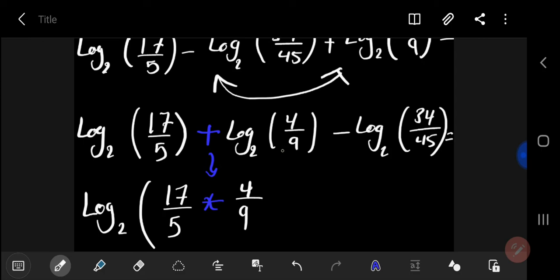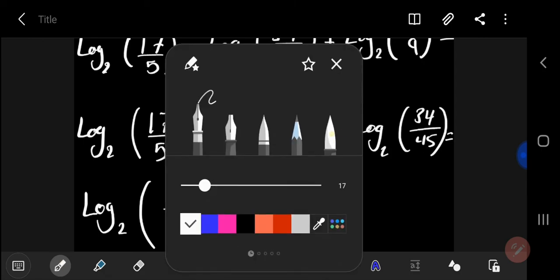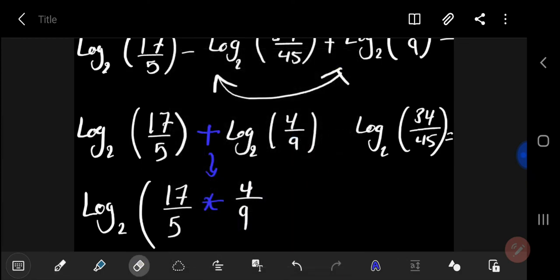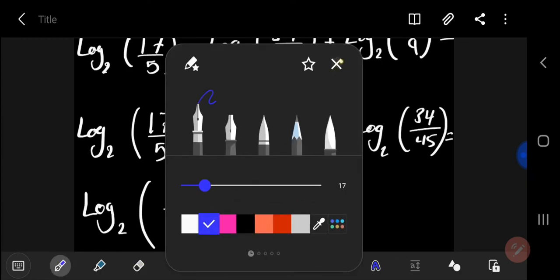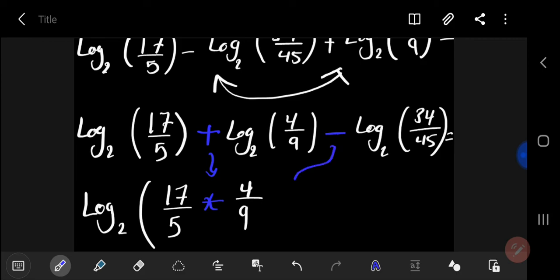Between 4 over 9 and 34 over 45 there is minus, so I transform minus to divided, with the same number 34 over 45. This is the first step I did: I transformed plus to times and minus to divided.